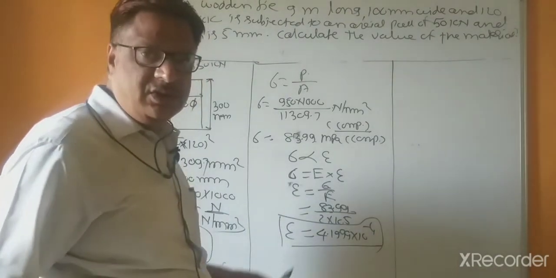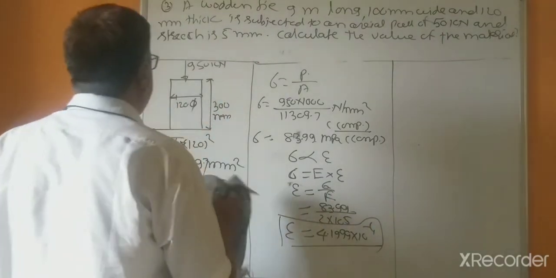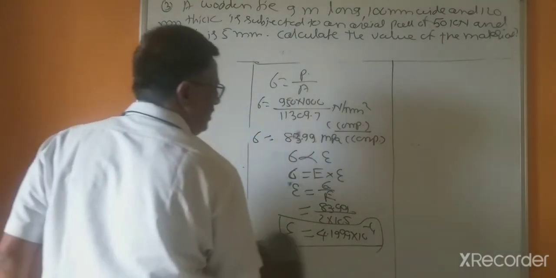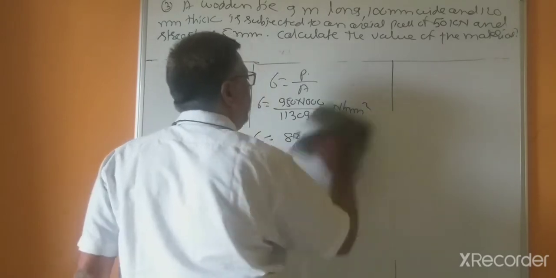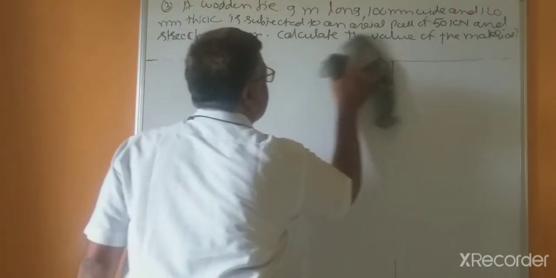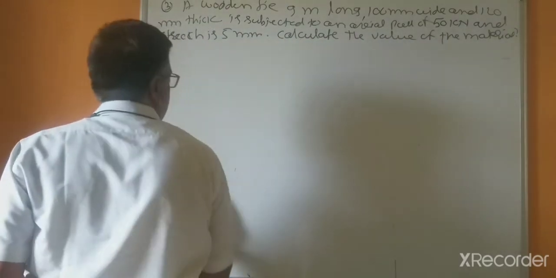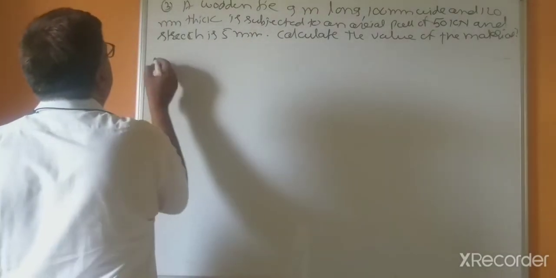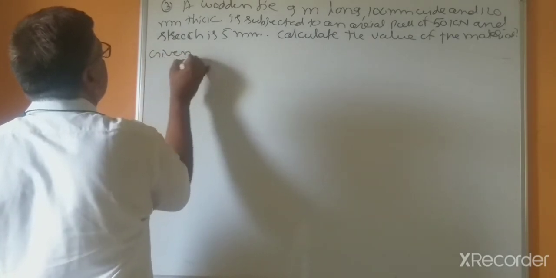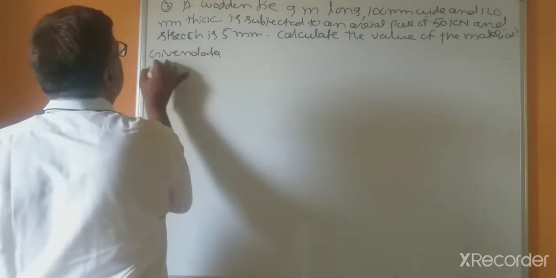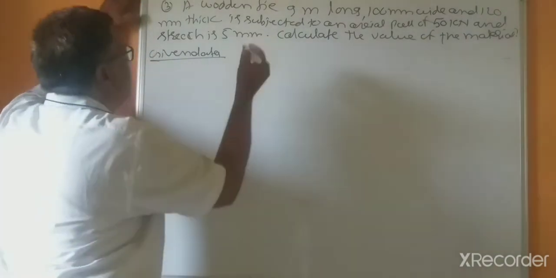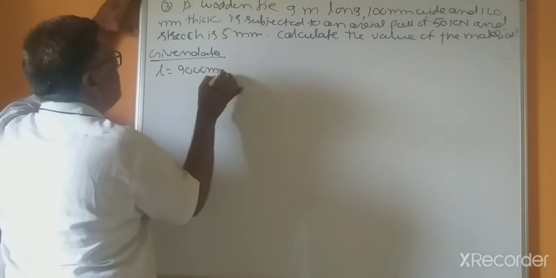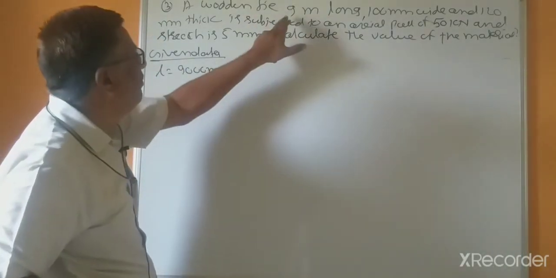So in the previous two problems, the value of E was given. Now the modulus of elasticity E is to be calculated. Stress and delta L are given. So first write the given data. The tie length is 9 meters, which means 9000 mm.